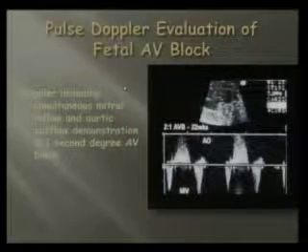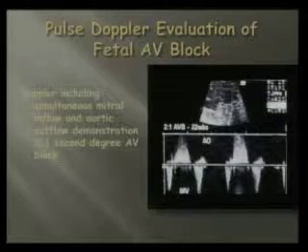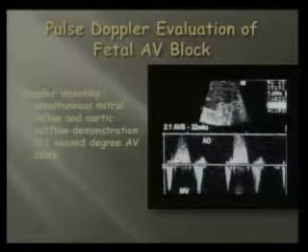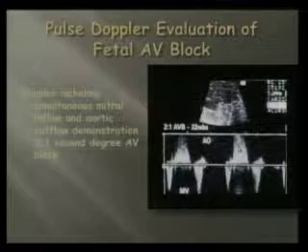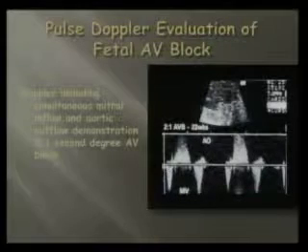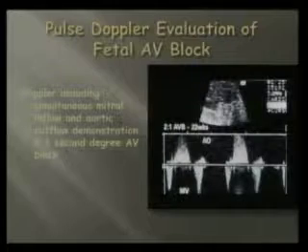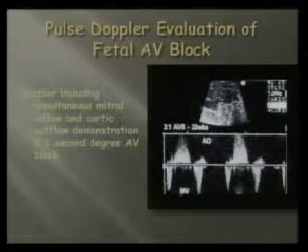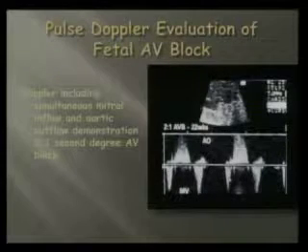You can see second-degree heart block, and you can determine that by, again, looking at intermittent changes that occur where the ventricular rate is irregular. Most of the time it's going to be irregular, but it can also be regular with fixed ratio block, 2-to-1 second-degree heart block. There you would look at mitral valve motion, and you can see that these are fairly regular intervals.